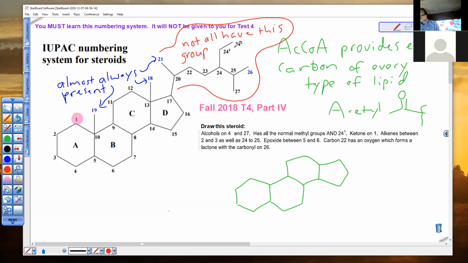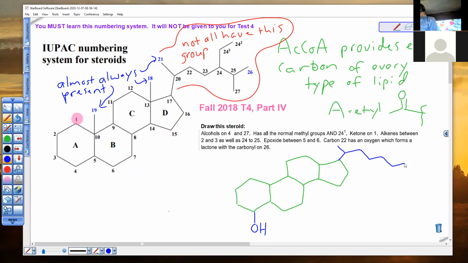And here we're going to have alcohols on 4 and 27. There's an alcohol on 4. We better all draw all the way to 27. So we're going to draw 20, 21, 22, 23, 24, 25, 26, and is that 26?